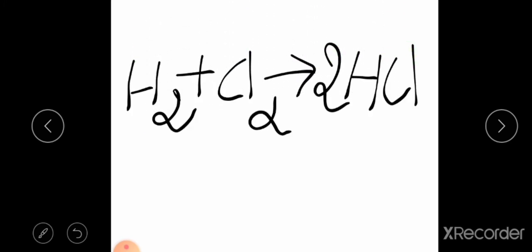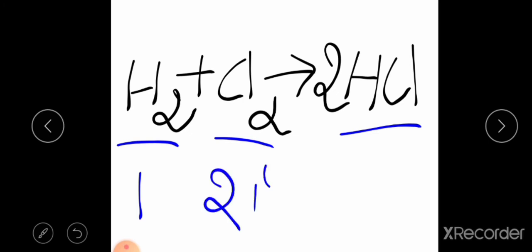The first example mentioned in your textbook: when hydrogen reacts with chlorine, the product is hydrogen chloride. You know the atomic number of hydrogen is 1, and the atomic number of chlorine is 17, with configuration 2, 8, 7. To acquire stability, hydrogen and chlorine share one pair of electrons between the atoms.